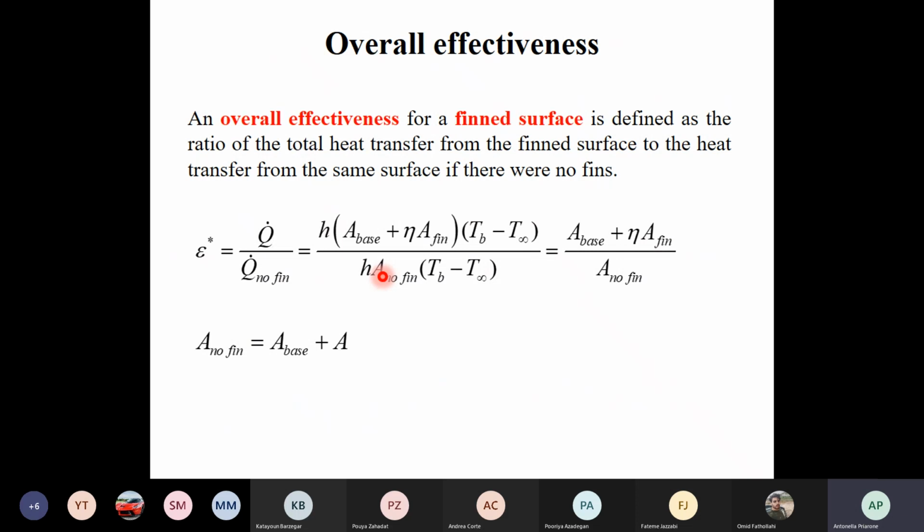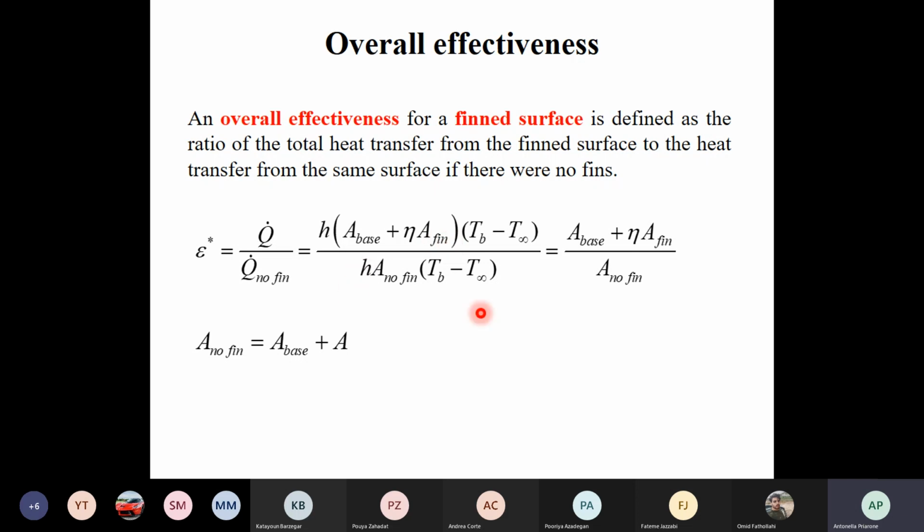The numerator is, as for the previous case, the actual transfer rate for the finite surface, so H, and then I have to multiply the delta T, the temperature difference, by this bracket that includes the area of the base, that in fact is at temperature Tb, plus the area of the fin multiplied by the efficiency, because the fin is not at temperature Tb, but at a temperature difference that changes along its length.